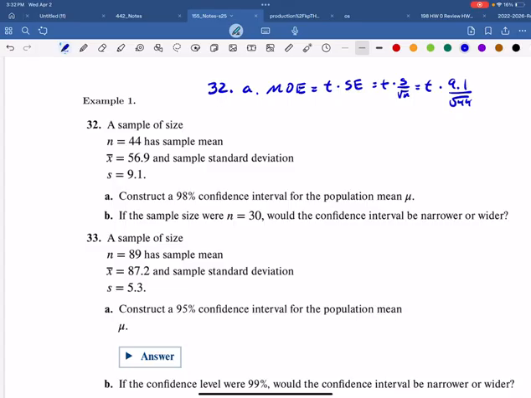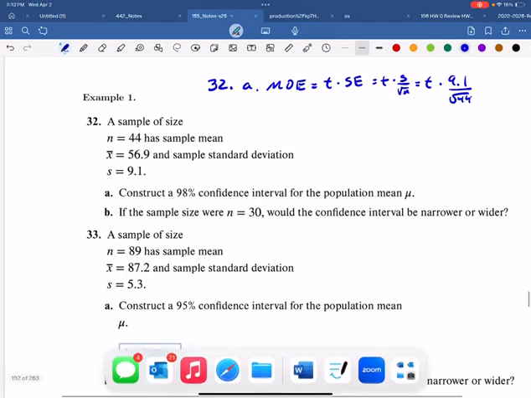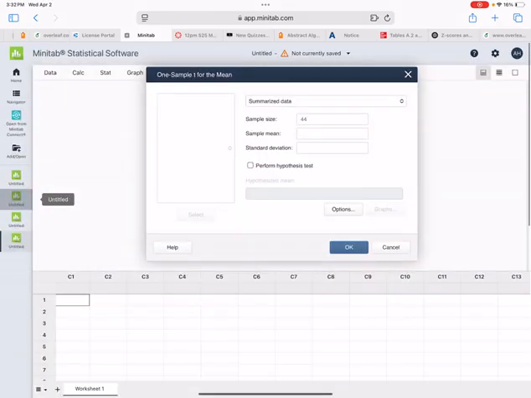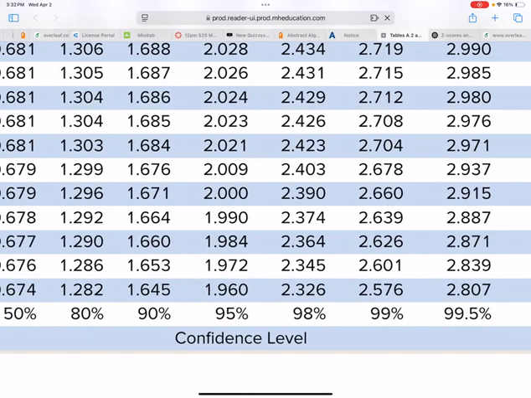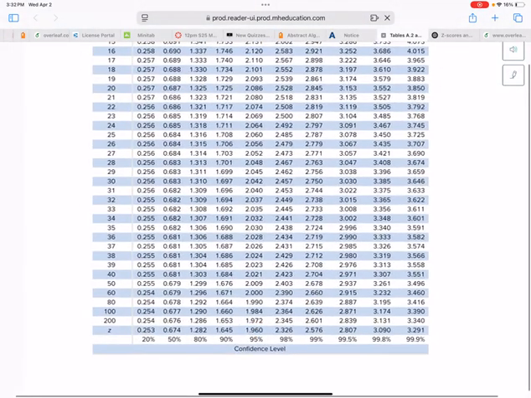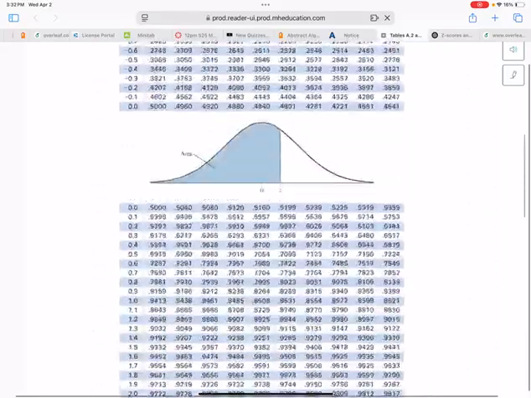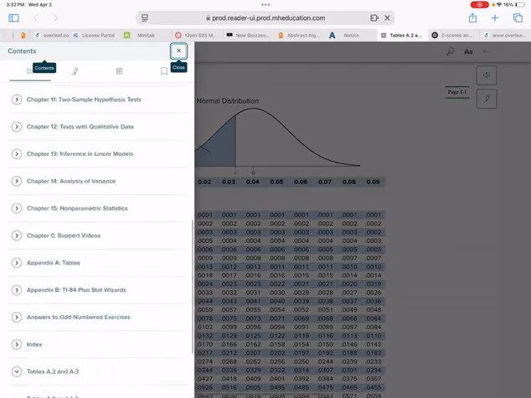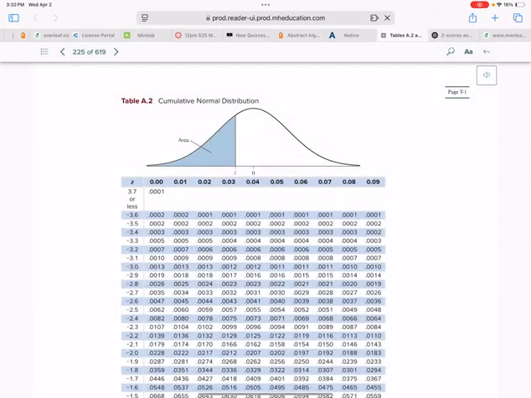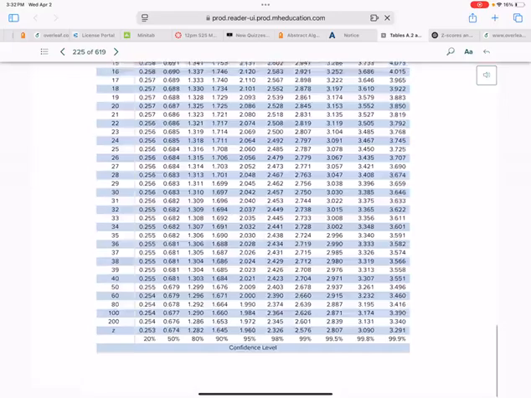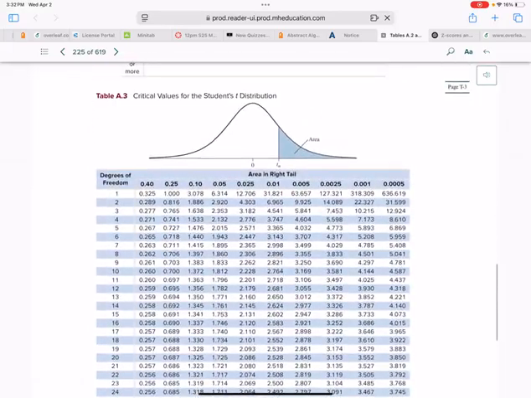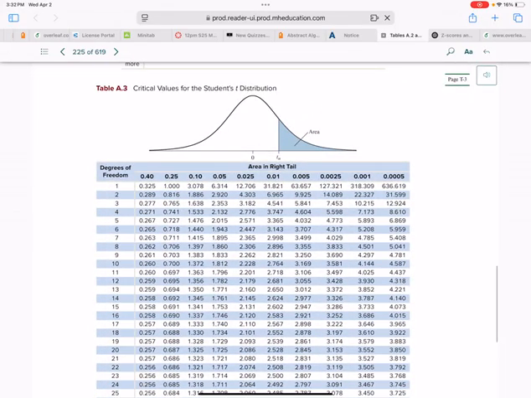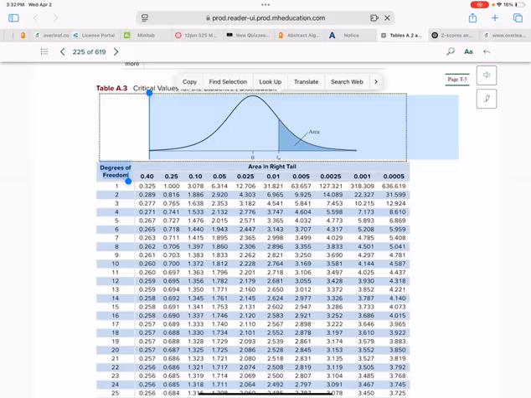So in order to do this, let's just go to our textbook. So remember that we can find these tables. Whoops, let's see, I might need to zoom out a little bit more. Yeah, so what you do is you scroll to the bottom of your textbook, click tables A2 and A3, scroll all the way down so that we're looking at table A3. And note that here this says degrees of freedom, right? That's what we're looking at.